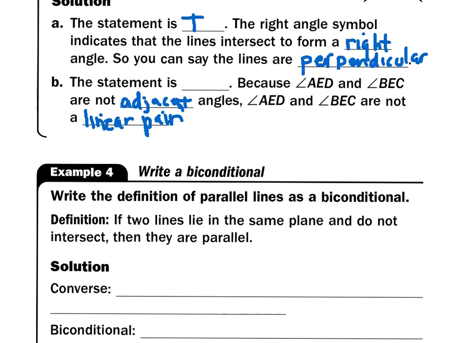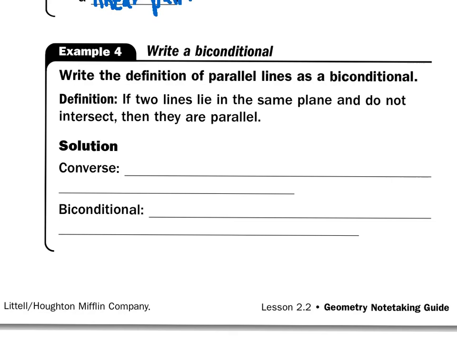Example 4. Write a biconditional statement. Write the definition of parallel lines as a biconditional. If two lines lie in the same plane and do not intersect, then they are parallel. So, where's our solution? Okay, converse. So we're going to go backwards.